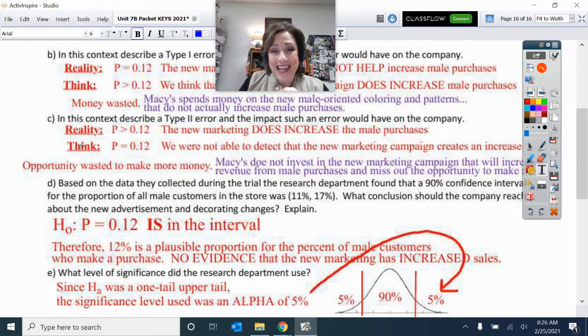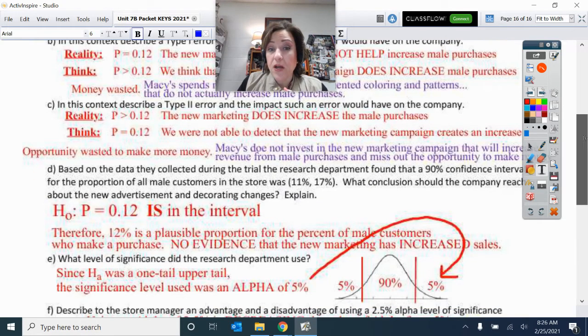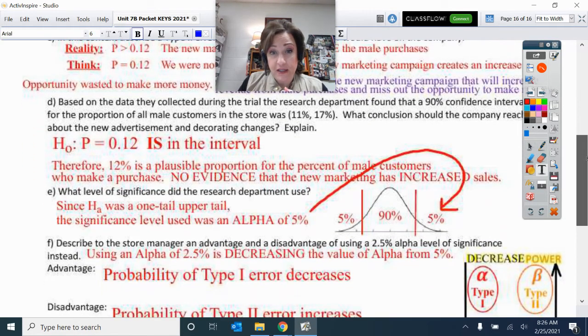I failed to detect HA, so I think it didn't do any good. The impact for Macy's is missing out on the opportunity to have additional purchases, missing the chance to invest in the new marketing that will increase the revenue through a higher proportion of purchases. All right.